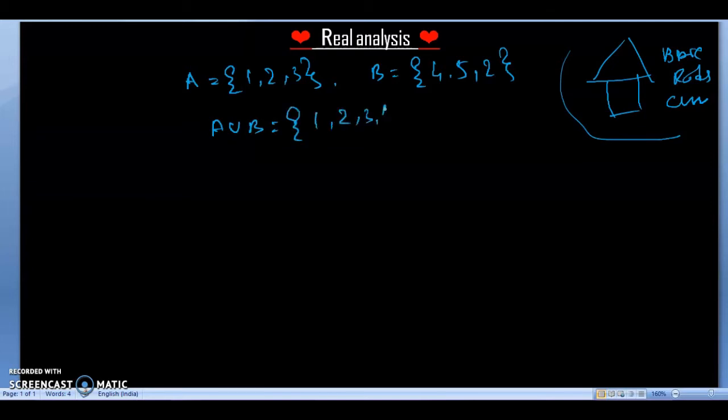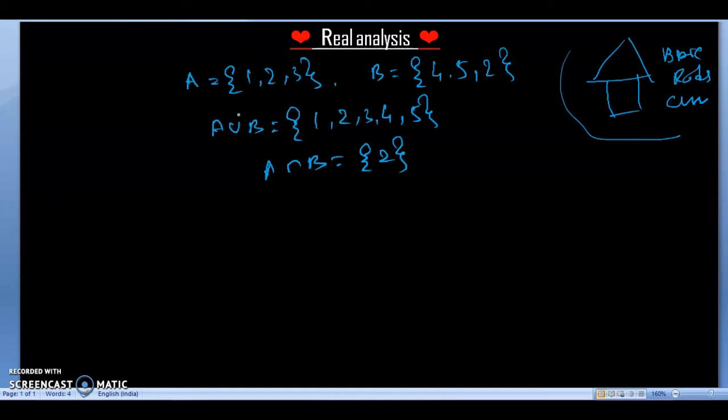Suppose A is equal to {1, 2, 3}, and B is equal to {4, 5, 2}. Then you know A union B is equal to {1, 2, 3, 4, 5}, and A intersection B is equal to {2}.